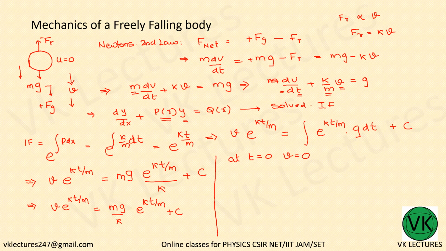Then the first term will become, with t equal to 0, 0 equal to mg by k plus some constant c, which means c is equal to minus mg by k. So this is the value of c.